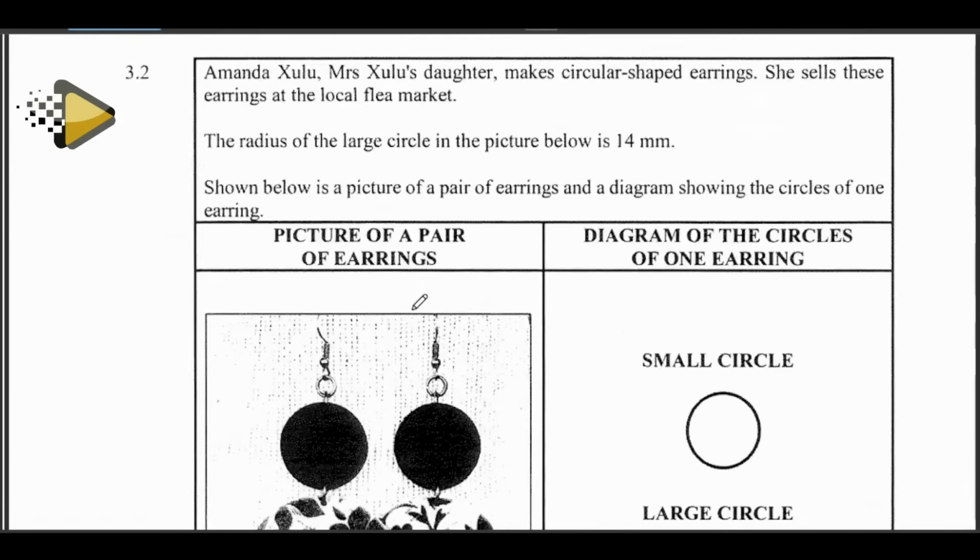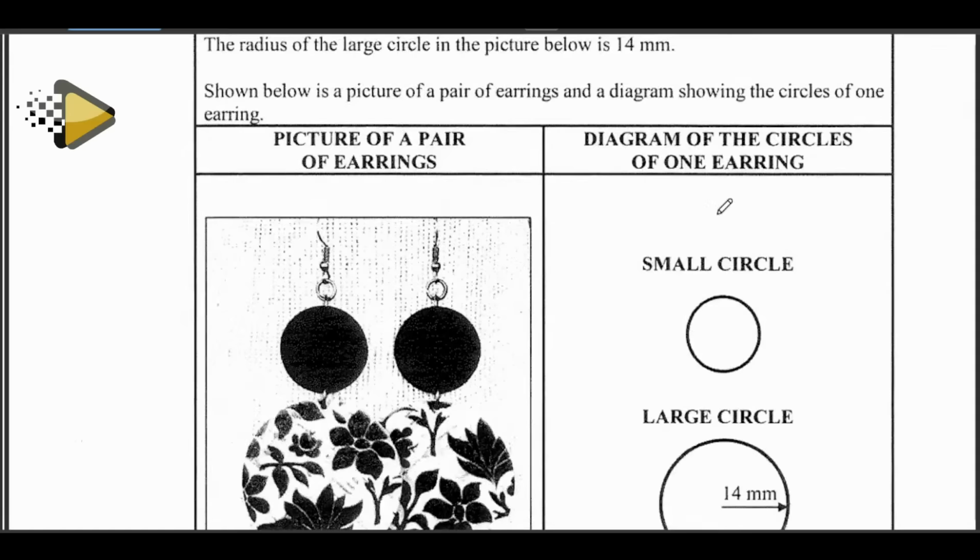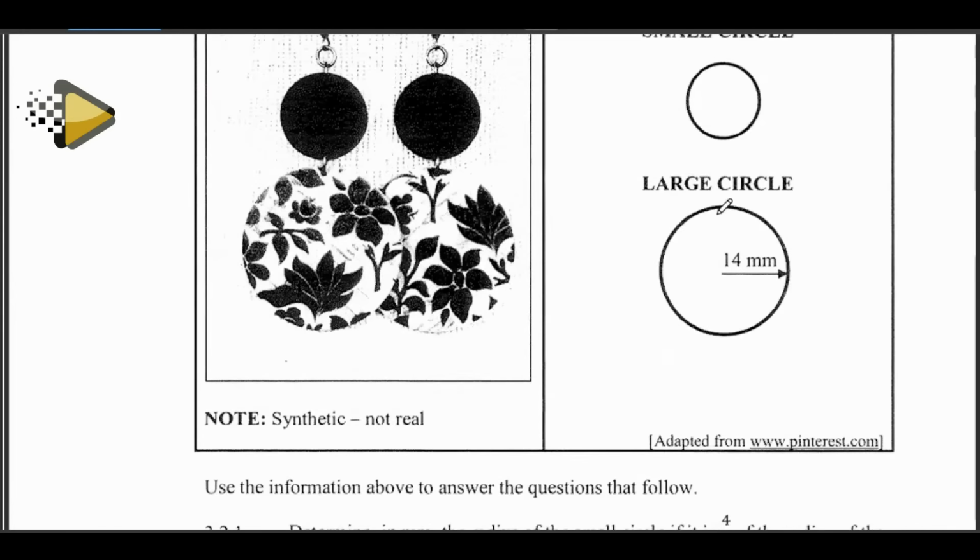Question number 3.2. Amanda, Manly's daughter, makes circular shaped earrings. She sells these earrings at a local flea market. The radius of the large circle in the picture below is 14 millimeters. Shown below is a picture of a pair of earrings and a diagram shows the circles of the earrings.